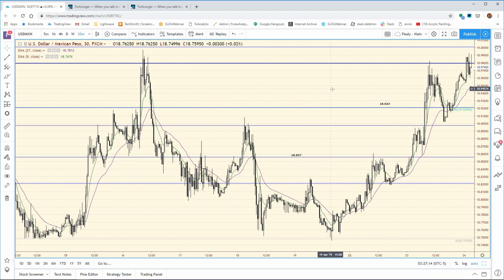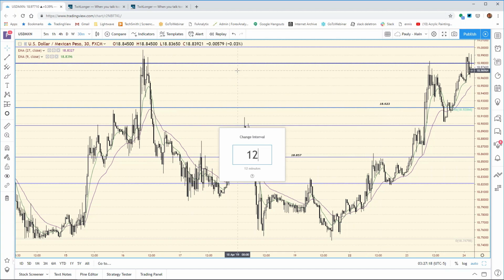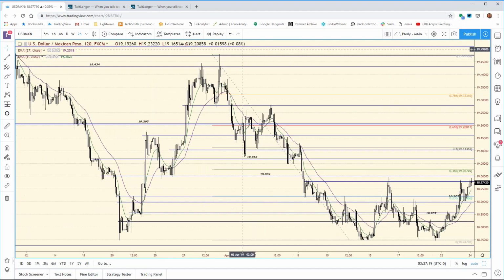But generally, we look at this on a 2-hour basis. So let's go into that. And same thing, the momentum changed here on the 2-hour also. You see here? $19,027 is going to be the 38%, but we'll make it up to right there, which is 1904.